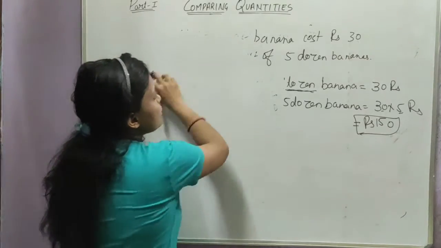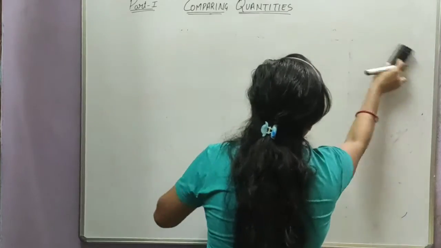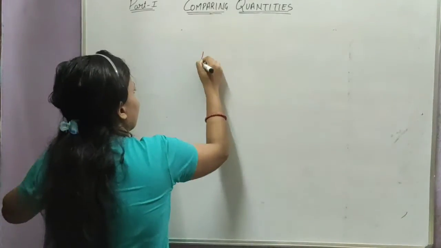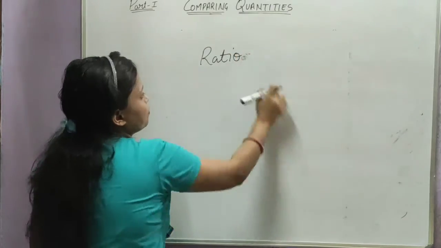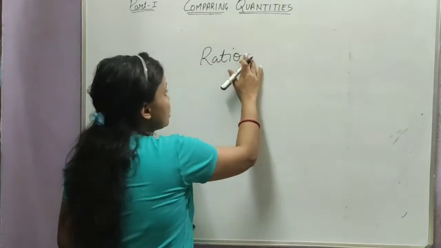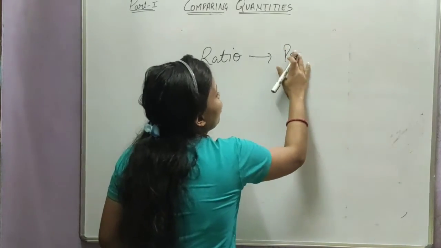Another thing that is also given is ratio. What is ratio? Ratio is the proportion, or we can say portion.